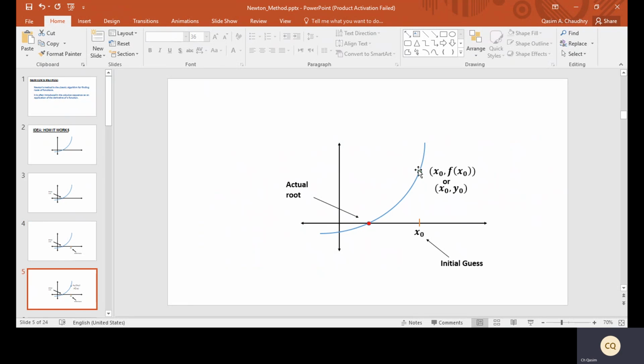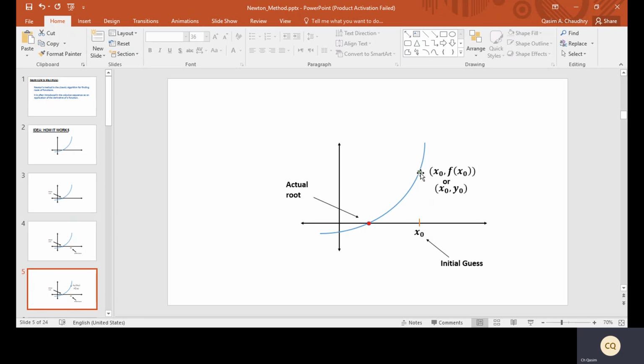At this point, the coordinates will be x naught, f of x naught, or x naught, y naught. So this is the point on the curve. If you are given any function, you can simply take a point x naught, and at that x naught there definitely may be a point on the curve, but it is not exactly true.